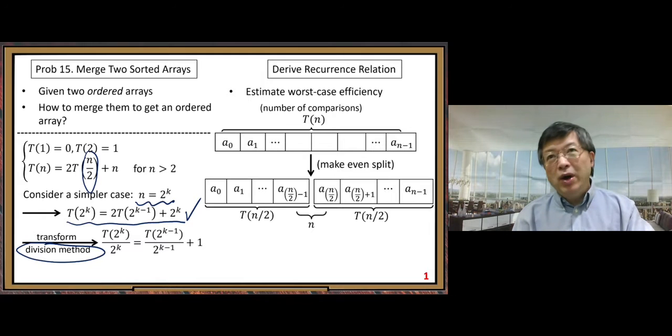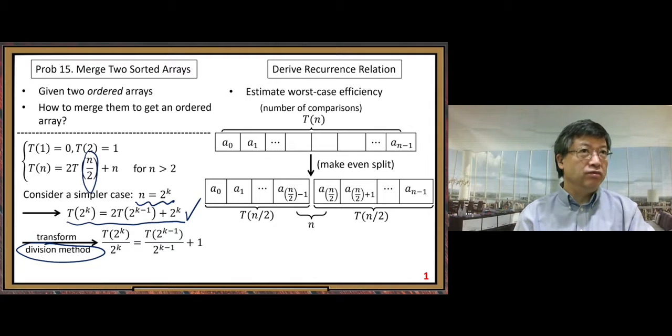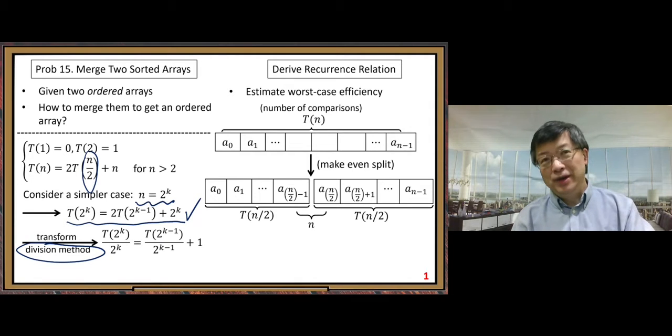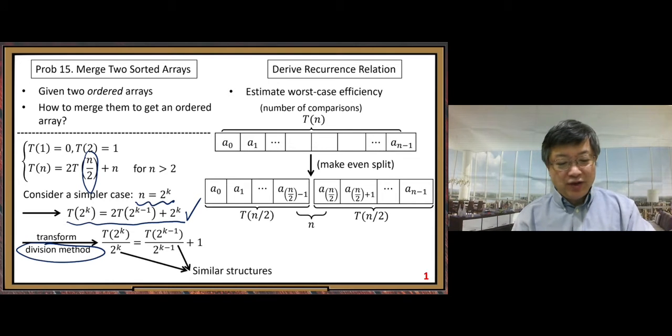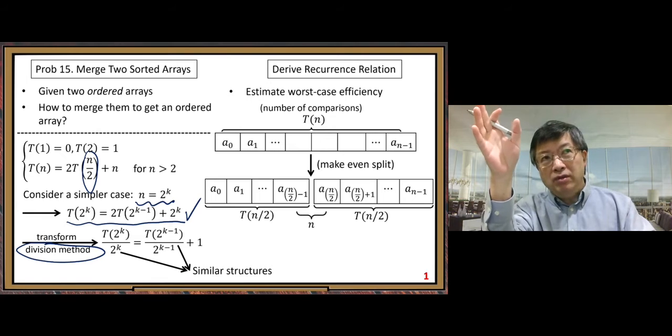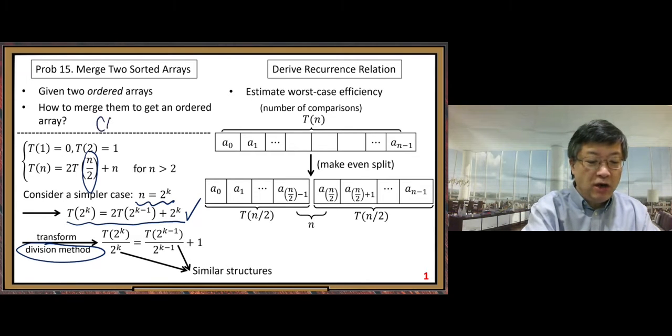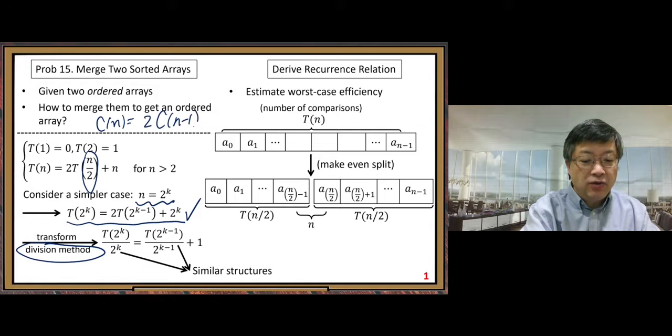You may wonder, how do you know you should do division in this situation? It is based on experience, but another thing is, we want to get similar structures on both sides. We had a similar situation in the Tower of Hanoi problem: C of n equals 2C of n minus 1 plus 1.